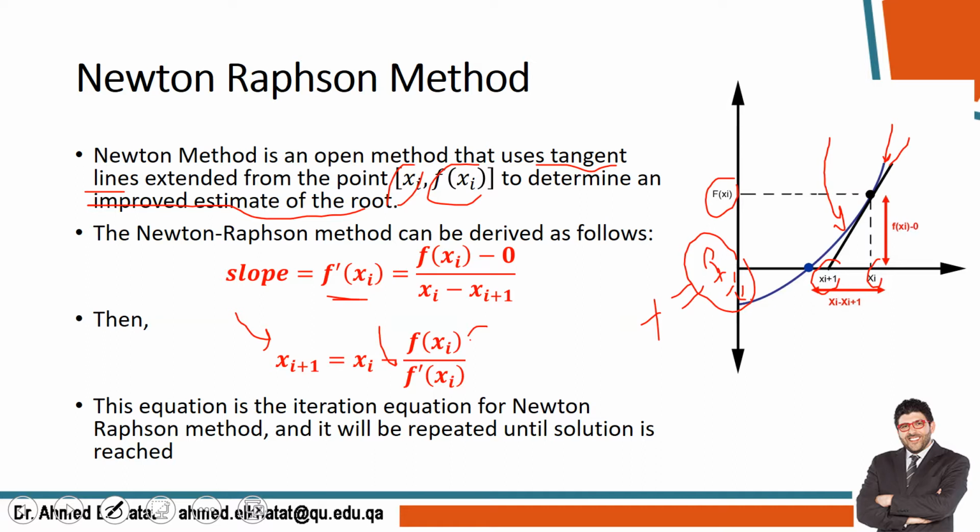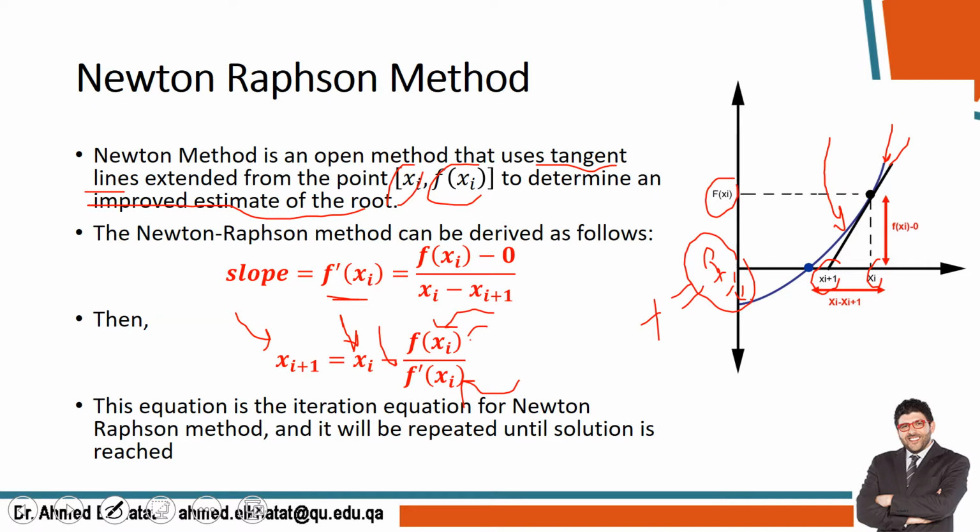So what is the input? The input is x, and I need f of x, similar to bisection, but here I also need the derivative of this equation, f dash xi.